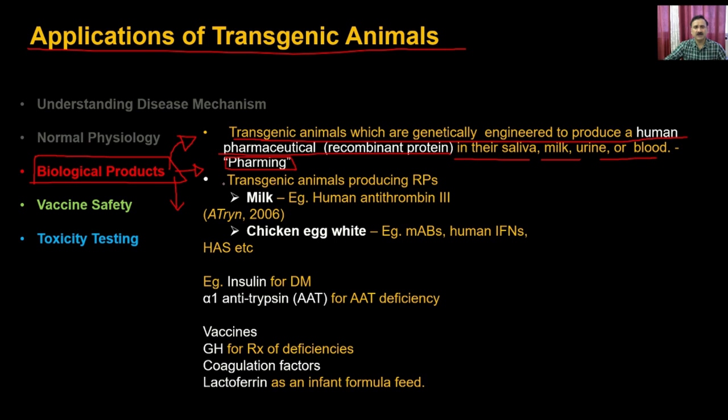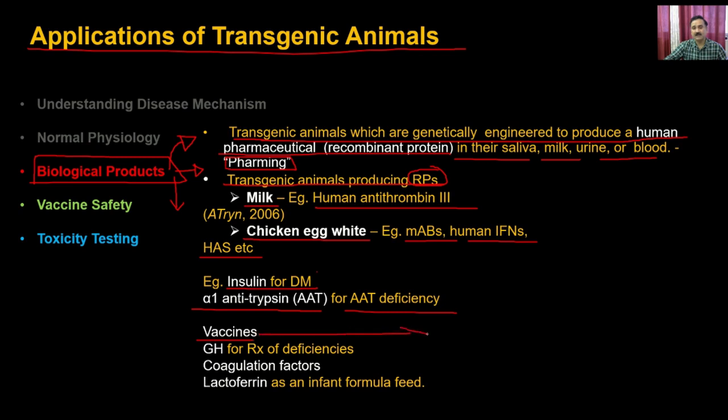Transgenic animals produce recombinant proteins, like in the milk you can produce human antithrombin, or in chicken egg white you can develop monoclonal antibodies, human interferon gamma or HSA. Similarly, you can produce insulin for diabetes mellitus, or AAT for AAT deficiency. In some cases you can also have vaccines which are overexpressed within the transgenic animals.